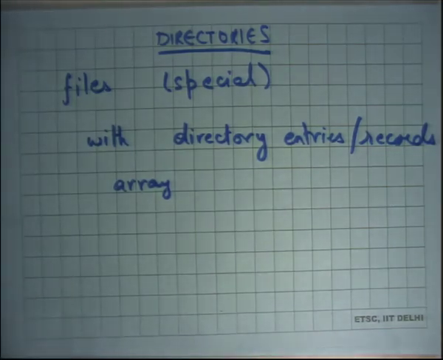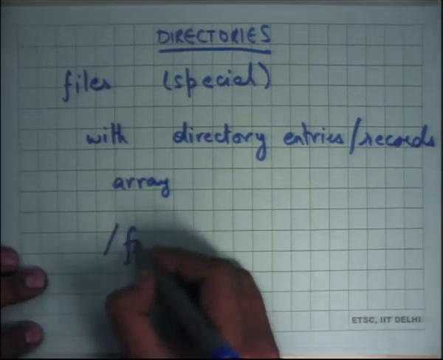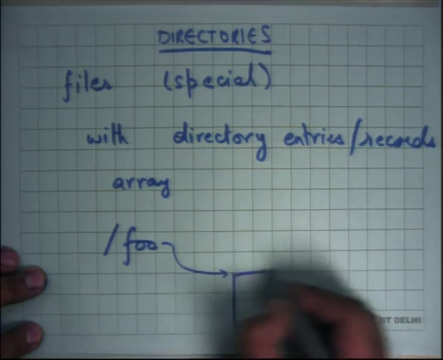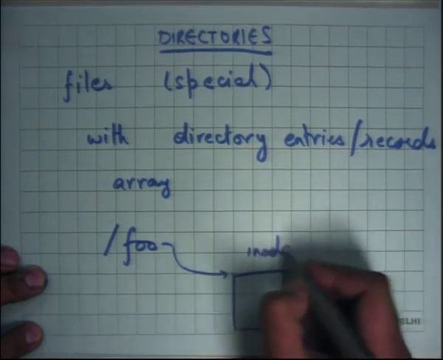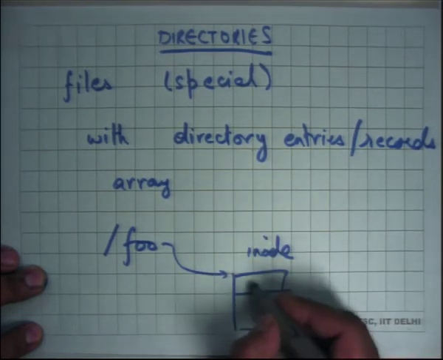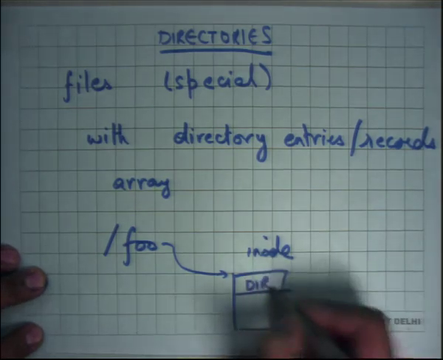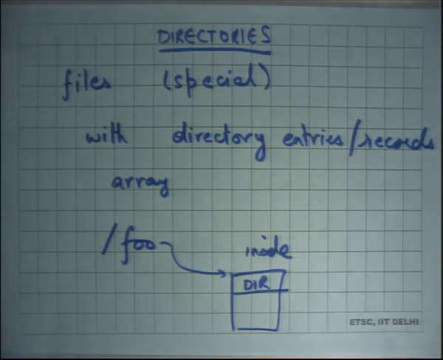So for example, if you have a directory called /foo, then /foo will point to an inode. There will be some status flag in the inode which says I am a directory. All other files will have the status flag saying I am a file, so there will be a bit which distinguishes between files and directories.